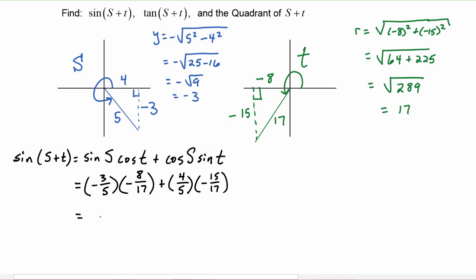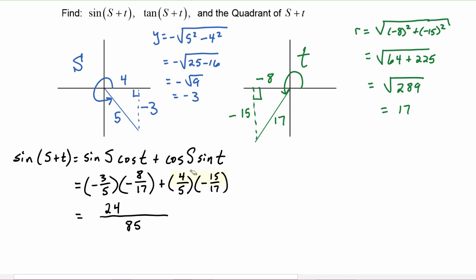We have a common denominator already. 5 times 17 is equal to 85. In this first product, we have to do negative 3 times negative 8 is positive 24.